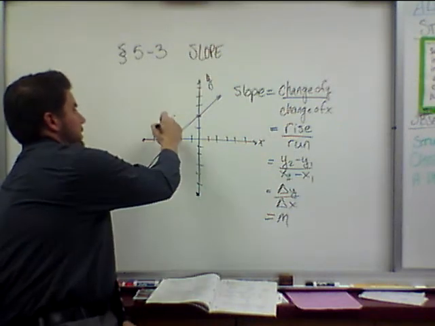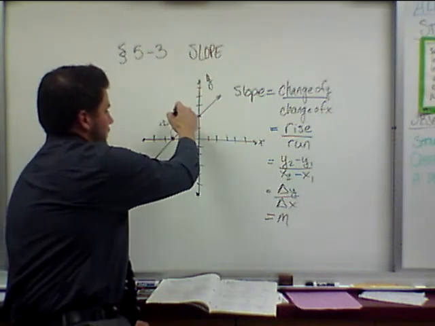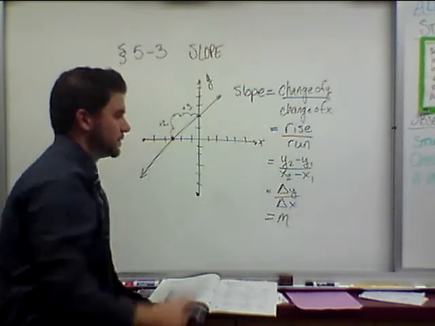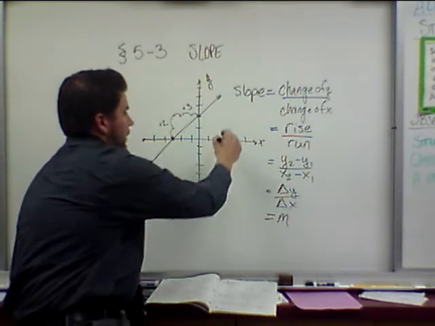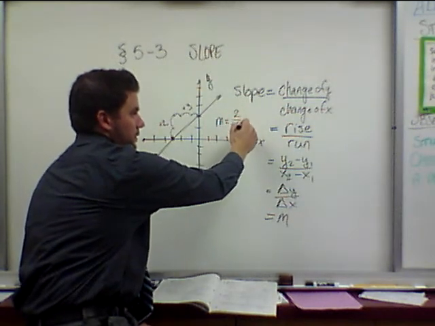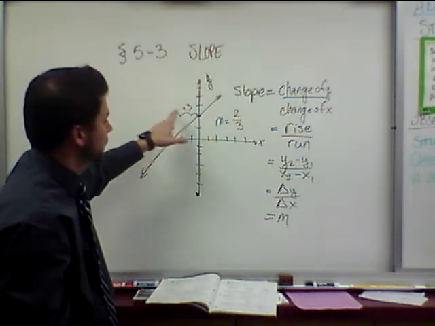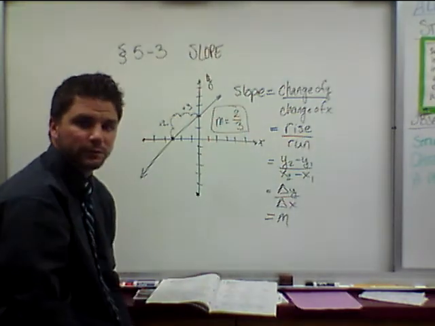So my change is a positive 2, compared to my run, which is 1, 2, a positive 3. So my slope in this case is going to be m equals 2 over 3. The reason for it: I went up 2 and right 3, for a change of 2 over 3.